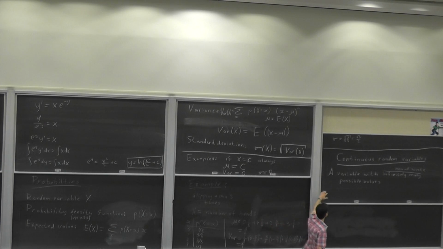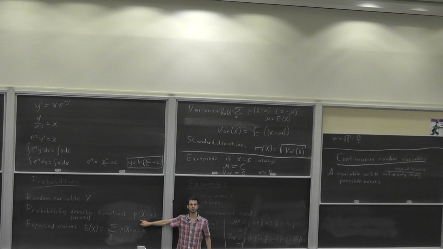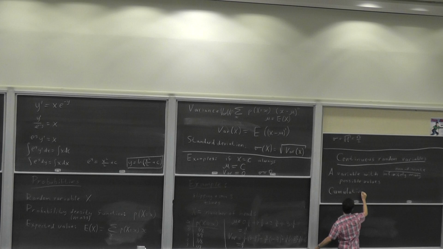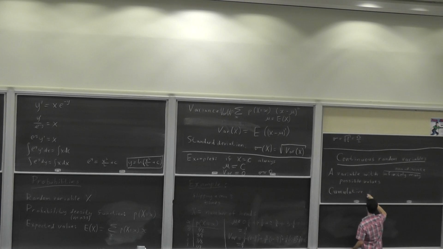So when the variable is continuous, we can't really talk about such a function, the probability of the variable being exactly some number. But we can talk about what's called a cumulative distribution function.